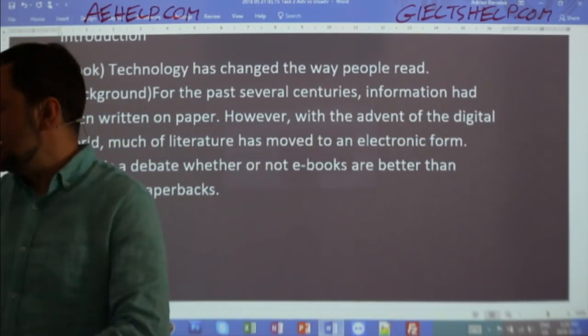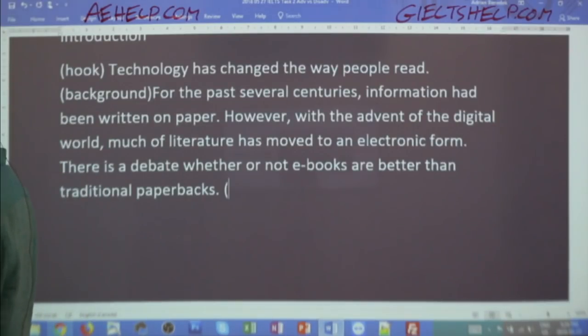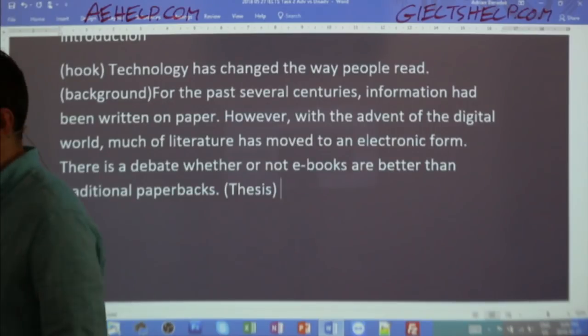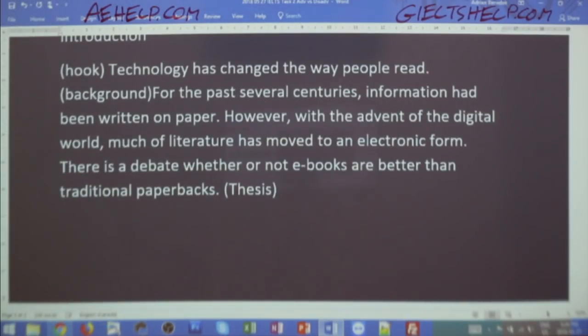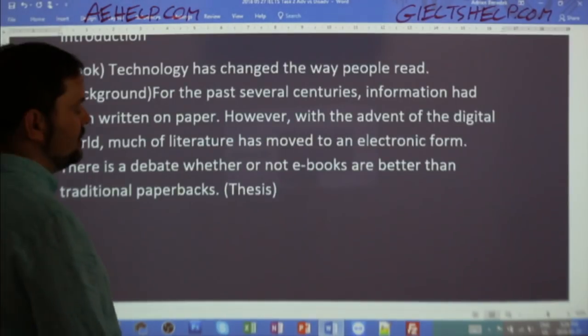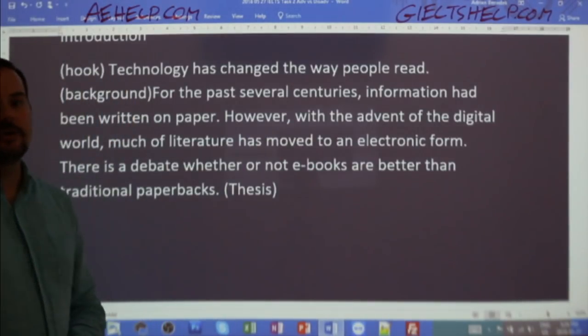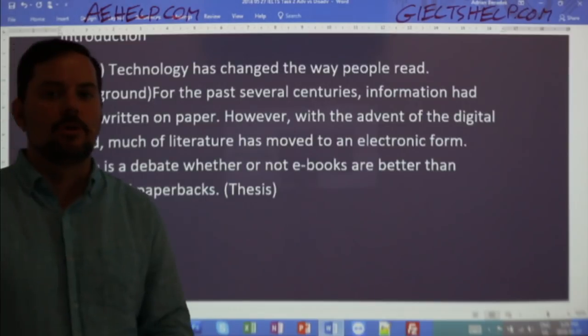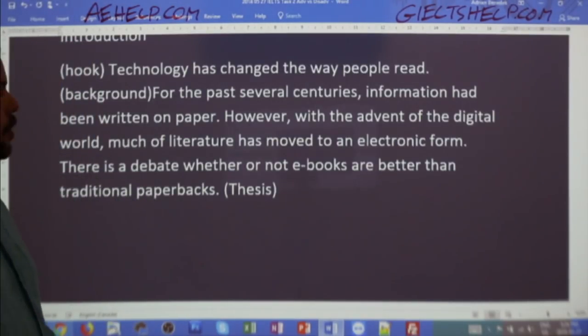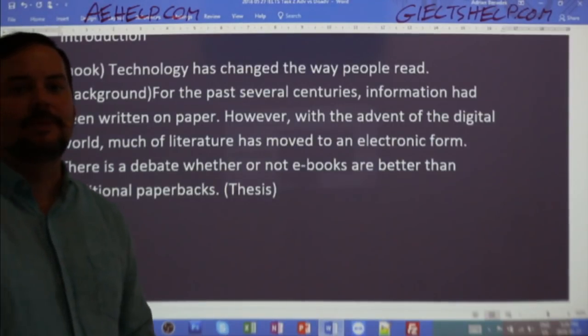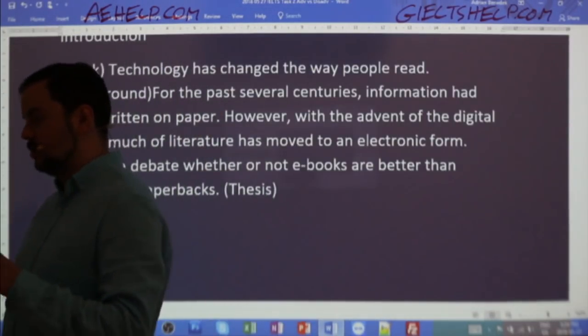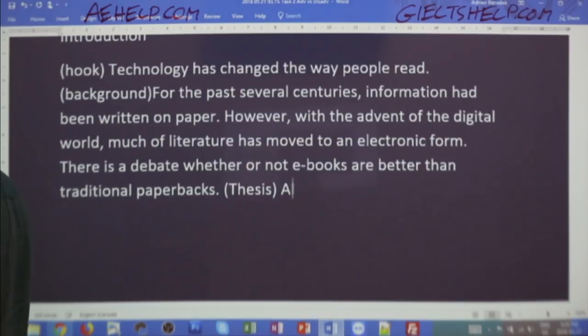Okay? Now you want to enter the thesis. So here, with this, do the advantages outweigh the disadvantages? You can keep your thesis very, very simple, okay? You don't need to go into a lot of details. You just simply need to do this, okay? And you can do this for all of these kinds of questions.